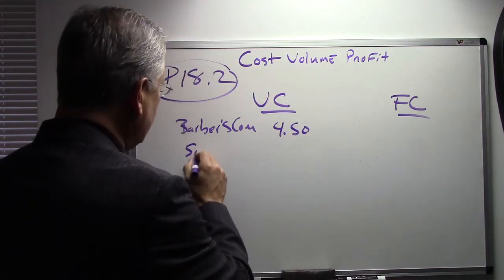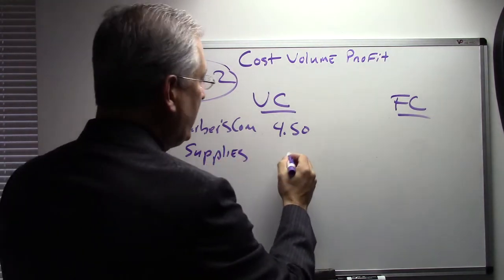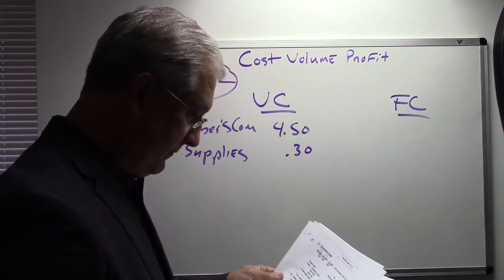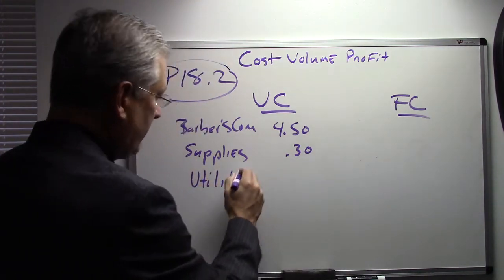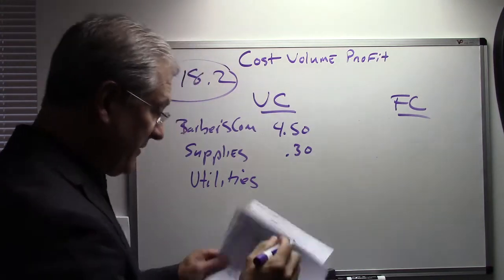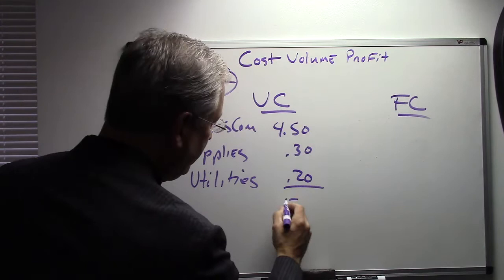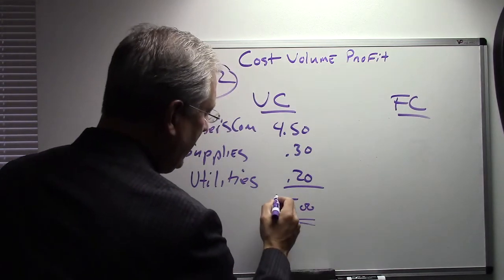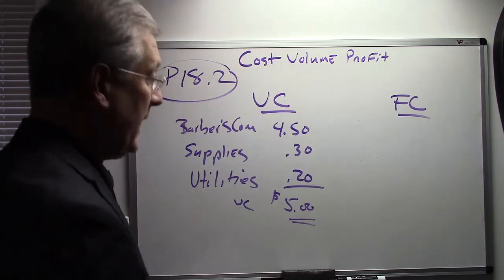The supplies, which is 30 cents per haircut. And the utilities, the variable portion, because that's a mixed cost, at 20 cents per haircut. So you can see the variable cost is $5 per haircut.